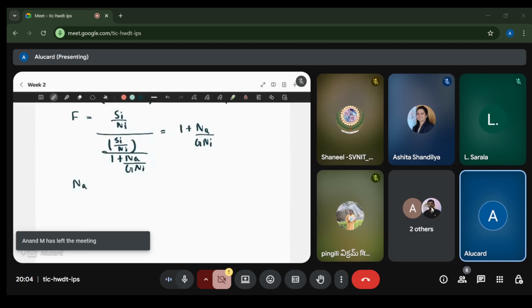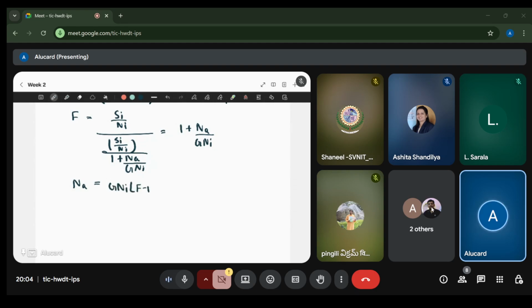That you can write, Na is GNi into F minus 1.